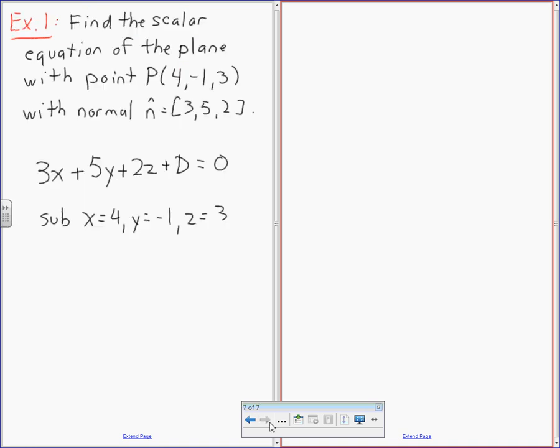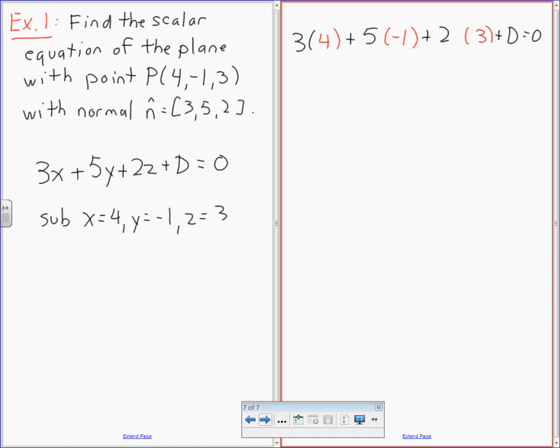So you're going to get 3(4) plus 5(-1) plus 2(3) plus d equals 0. All we're doing there is subbing in different values when we solve for d.